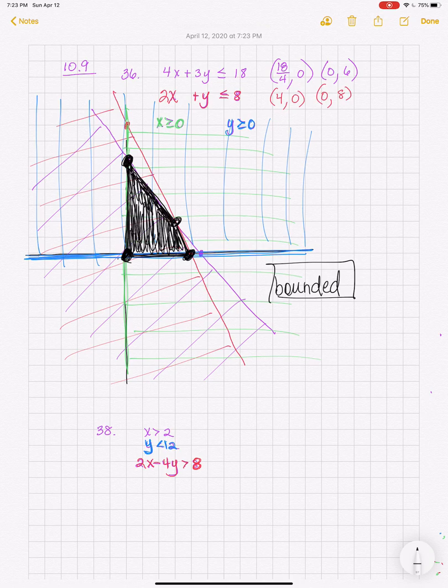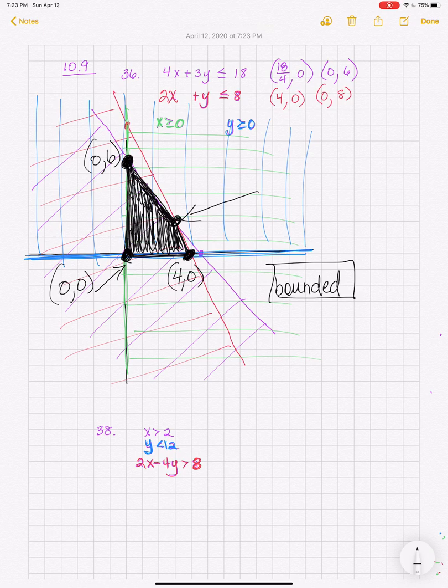This one you can look at, that is 0, 0. This one you can look at, that is 4, 0. This one you can look at, that is 0, 6. And this one, you can't really approximate, but think about how you would solve this.